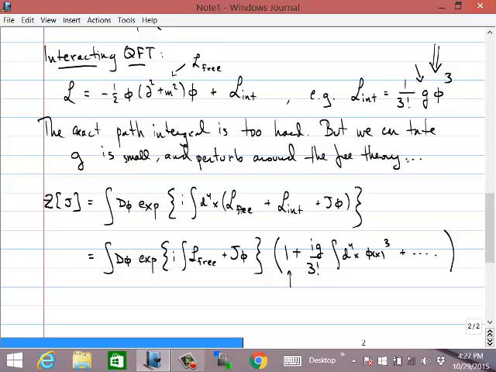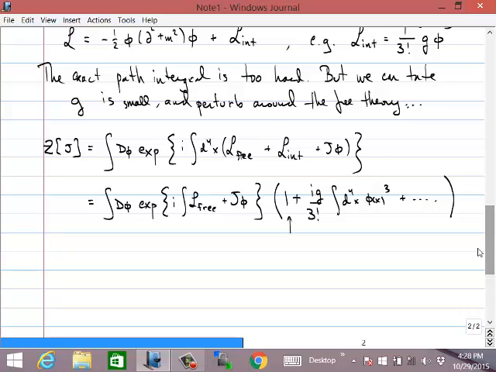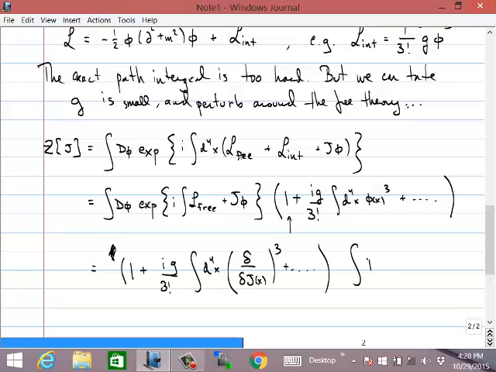And you know how to insert phi's into your path integral. You take a derivative with respect to j. So what is that? You could write that as 1 plus ig over 3 factorial times the integral d4x of the derivative with respect to j of x cubed, acting on the partition function or the generating function of the free theory.